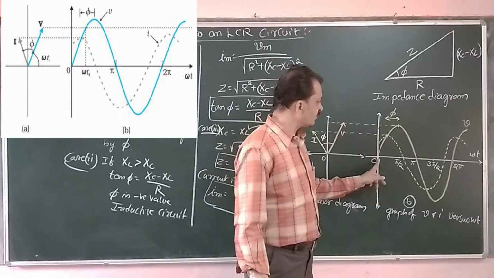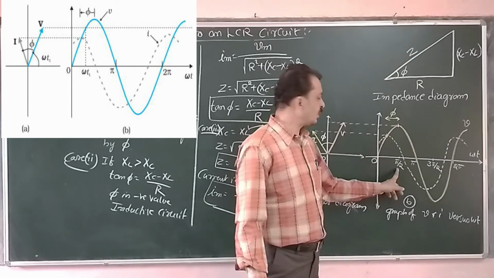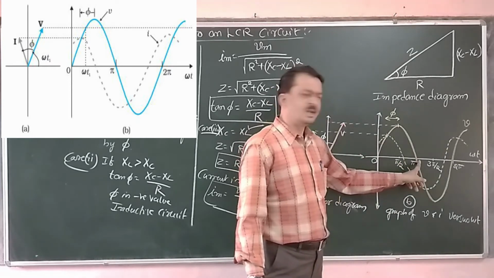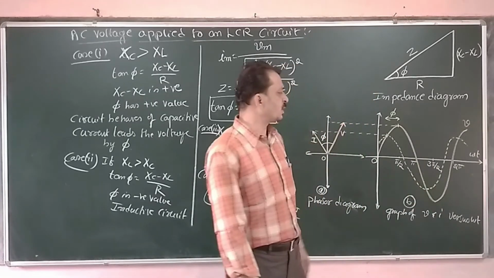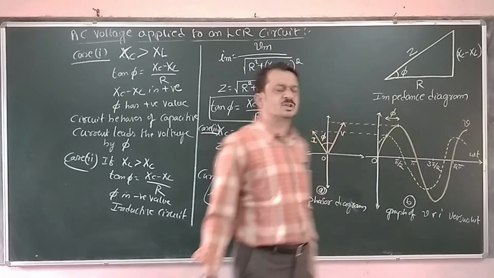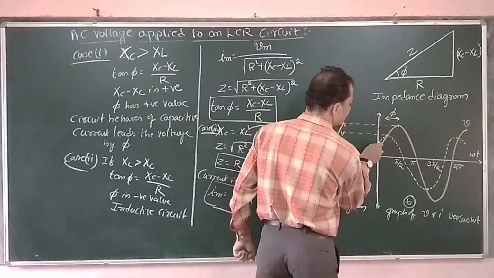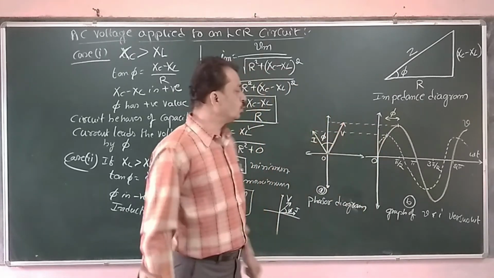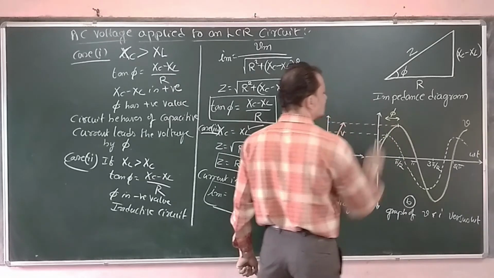Now voltage is starting from 0, reaches maximum at 90 degrees, pi by 2, reaches 0 at pi, reaches its negative maximum value at 3 pi by 2, and reaches 0. That is voltage. Since current is leading, initially the current is at a positive value and reaches a maximum peak at this position.